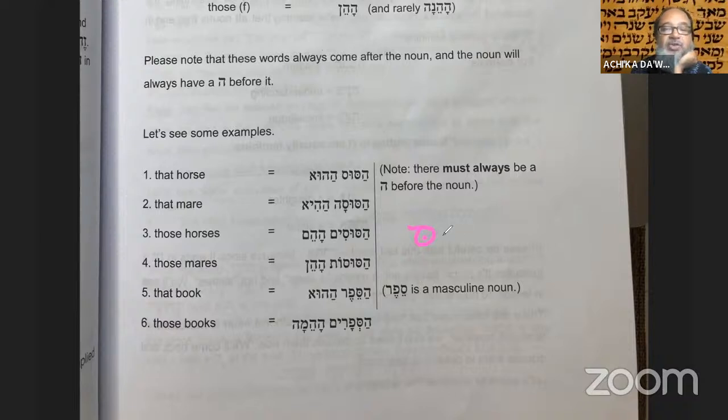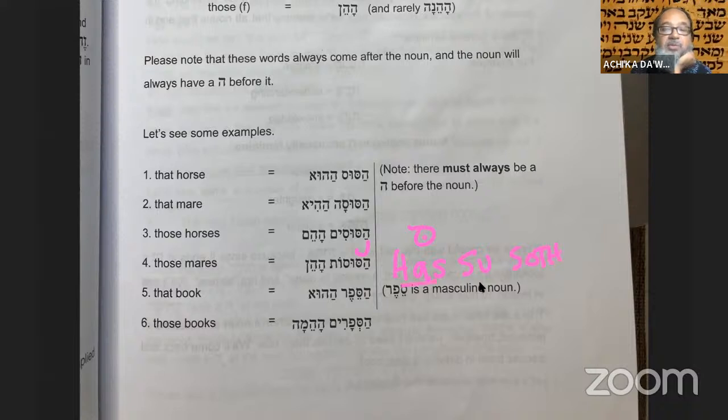That means that I got to make two of them. So the first one is going to be has. Then I'm going to say su. And then the next one, has, su, and then soth.